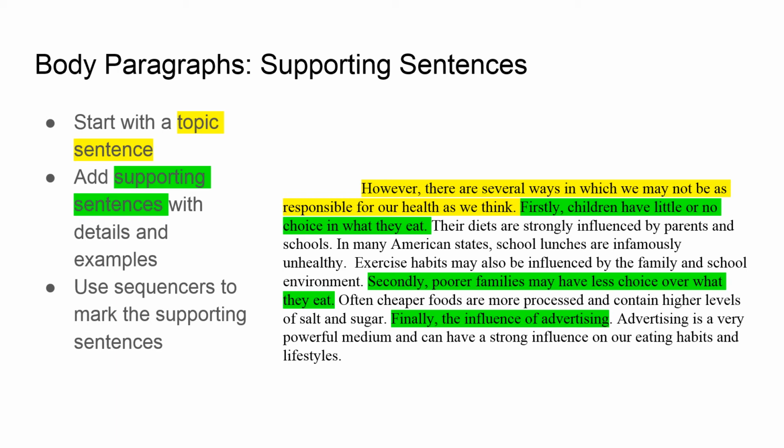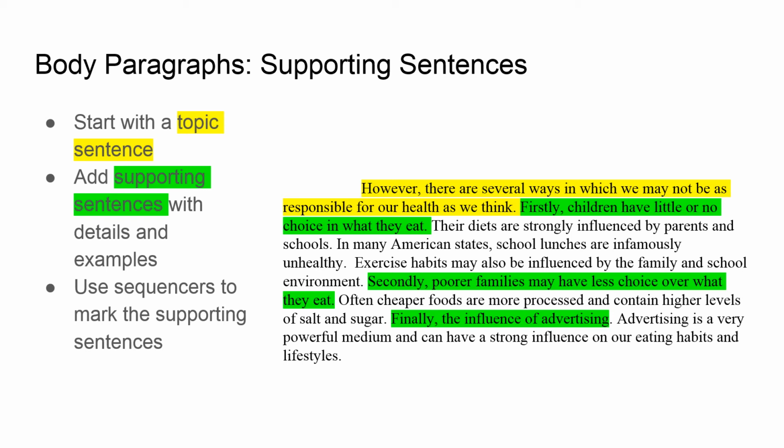Then we have another support sentence. Secondly, poorer families may have less choice over what they eat. And this is followed by more details and examples. Often, cheaper foods are more processed and contain higher levels of salt and sugar. And then we finish with our final support sentence.